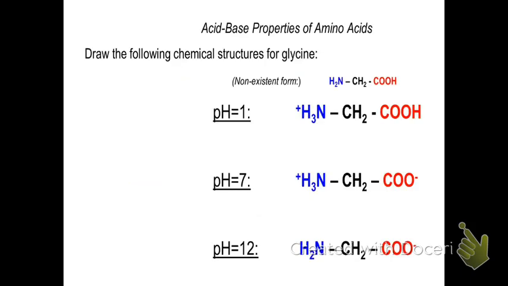Alright, so what we're going to do is I'm going to draw this out. So here's our amino acid. We're going to start out basically with our alpha carbon. And our alpha carbon is attached to our hydrogen and our R group.